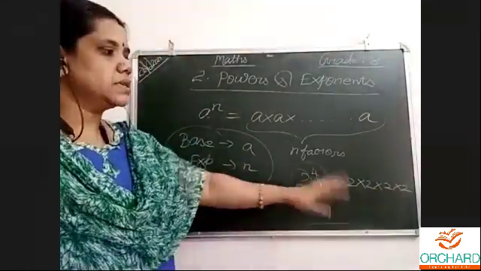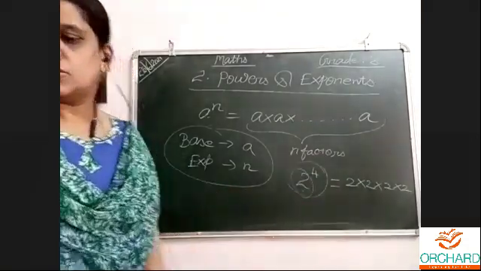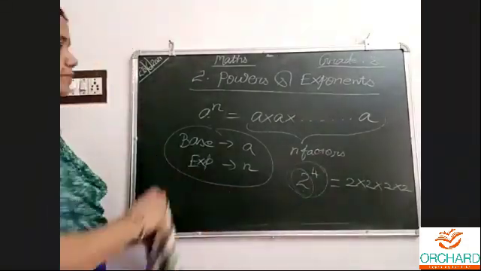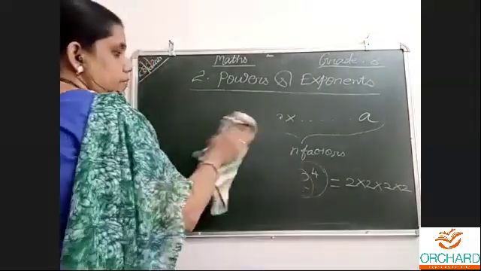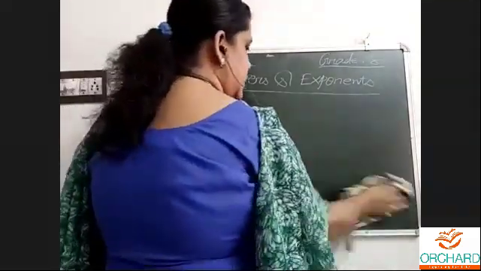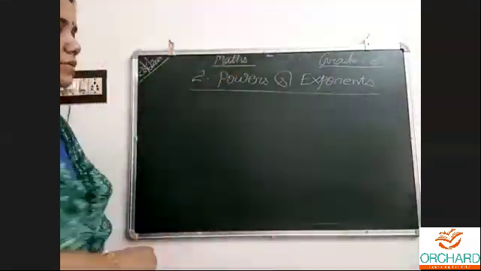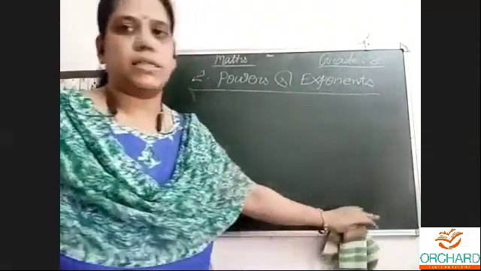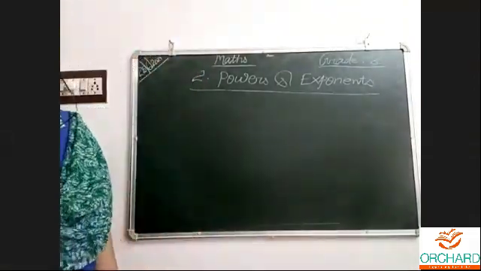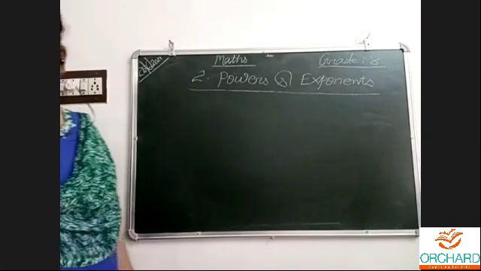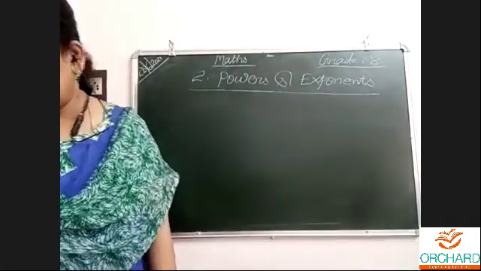If it is 10 times, 10 times should repeat. If the power is a negative integer, we should make it positive and then do the question. Always the power should be a positive integer.